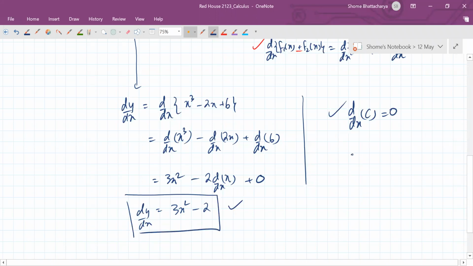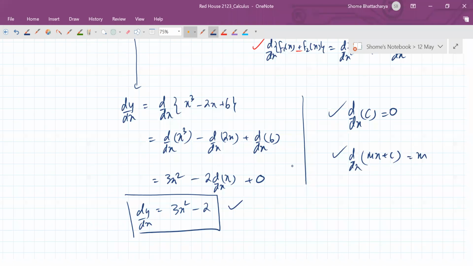Or we can also use the property that differentiation of a linear function is just the slope. So then we could have written this entire term's differentiation directly as minus 2. Okay, so hope this is clear.